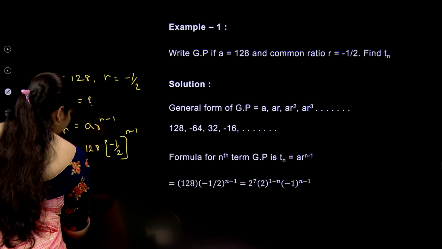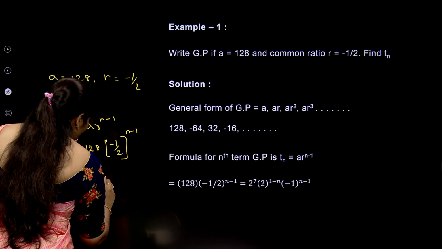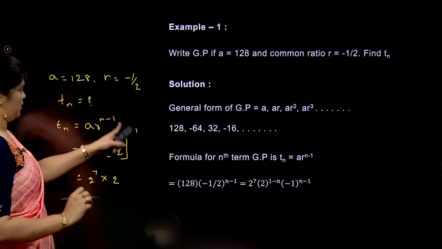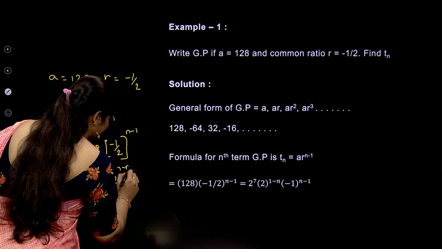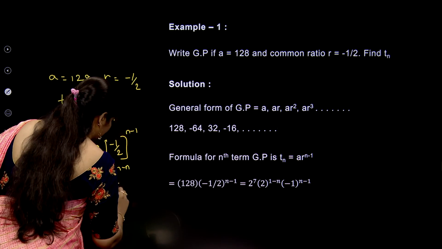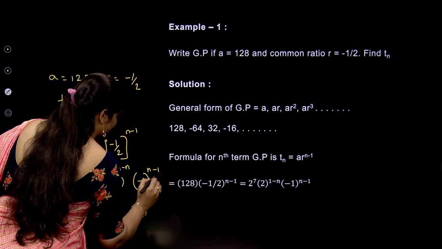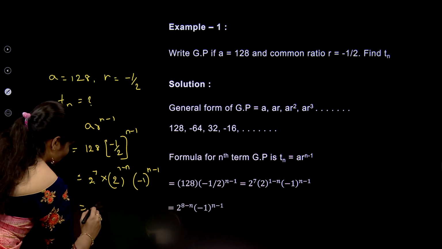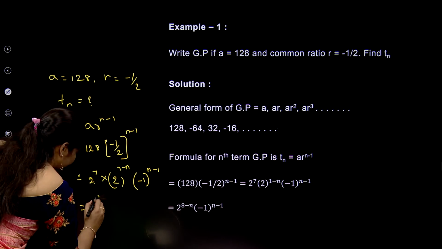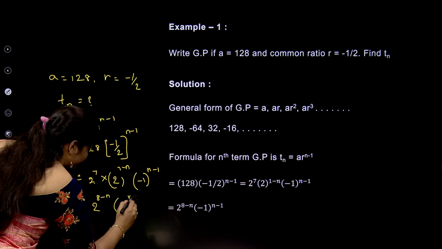Now 128 can be written as 2 power 7, and 2 power 2 will be taken into the numerator, so it becomes 2 into 1 minus n, then minus 1 whole power n minus 1. So the answer is, 2 common, 2 power 8 minus n into minus 1 whole power n minus 1.